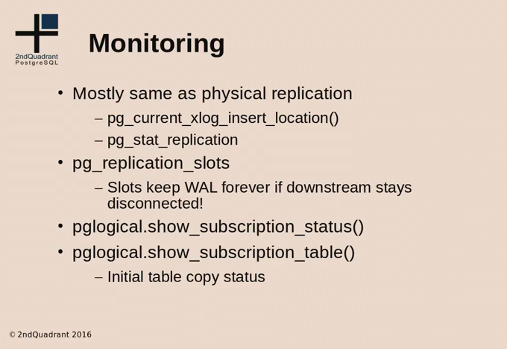We also provide some additional monitoring functions. We have show subscription status, which basically shows the status of the replication worker on the subscriber, meaning that it shows if it's running, what stage it is in, and information like that. It's very similar to the WAL receiver status that's in 9.6, I believe.